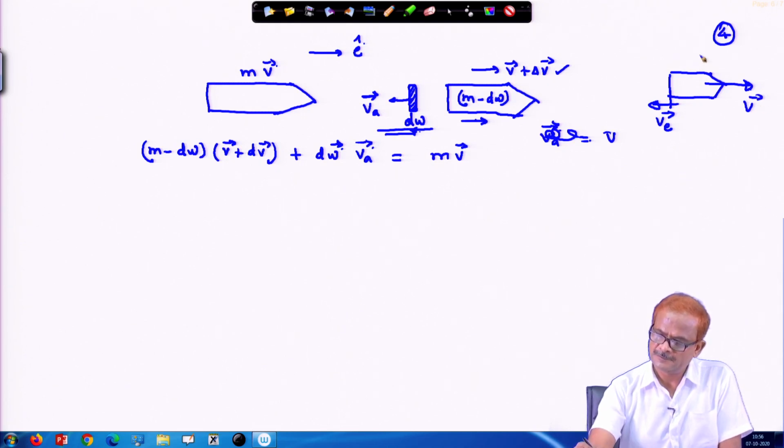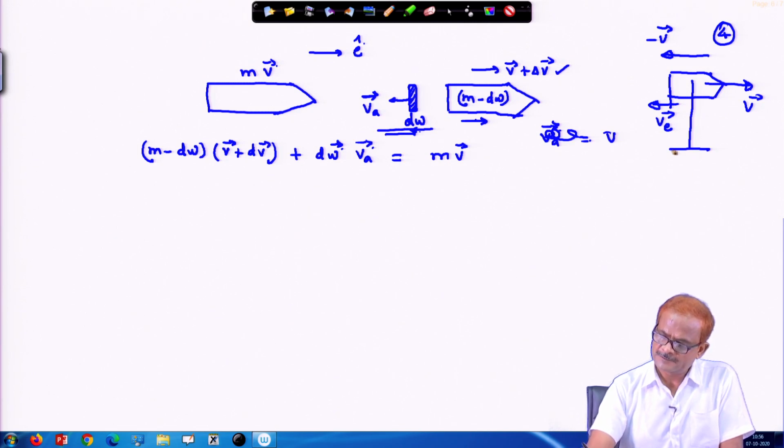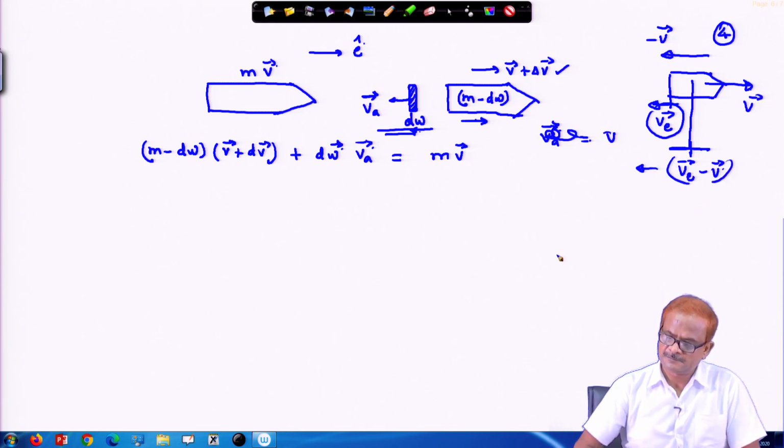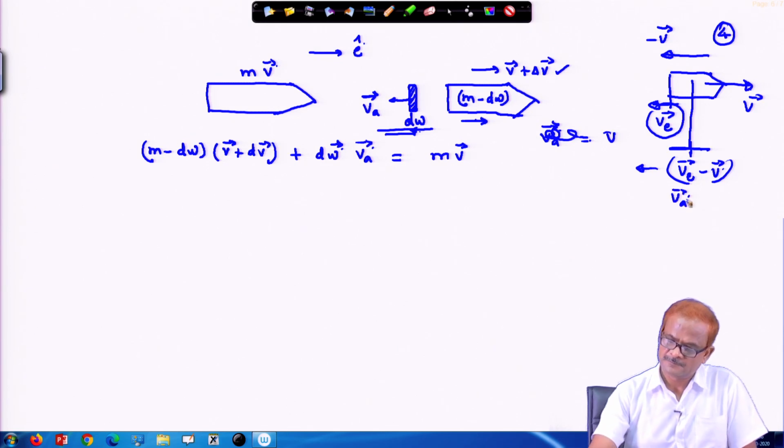So, if I impose a velocity minus v here in this direction, this rocket becomes stationary. Then, with respect to the inertial space, what will be the exhaust velocity? So, this will be given by v minus v, and here in this direction, and this is your v a.